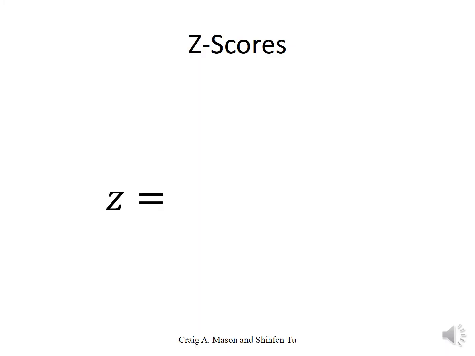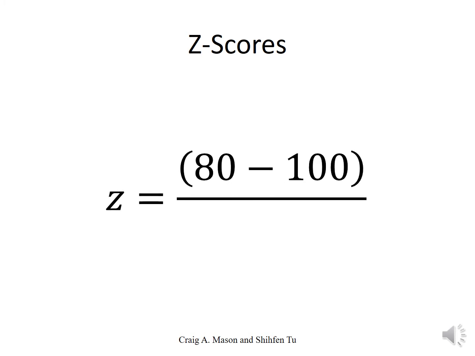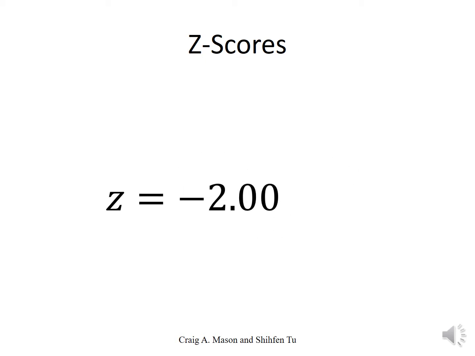In this case, let's say we scored 80 and the mean was 100 with a standard deviation of 10. The z-score would now be -2, indicating that the score was 2 standard deviations below the mean. So what's the percentage of people who scored below a z-score of -2?